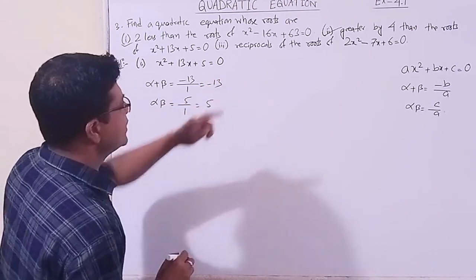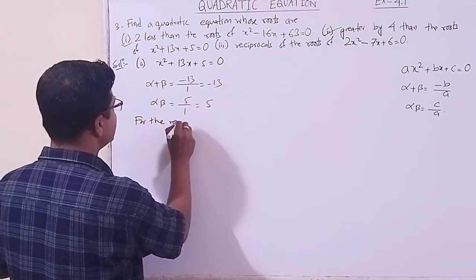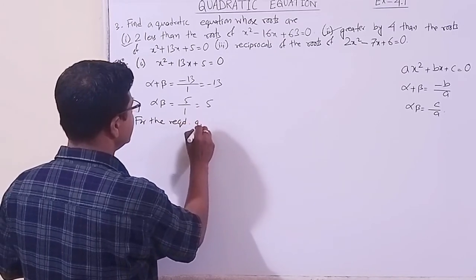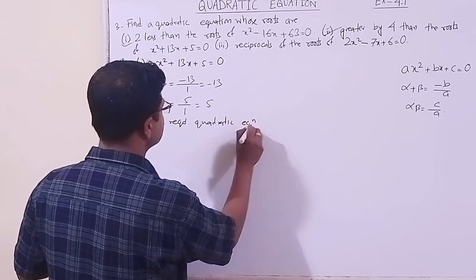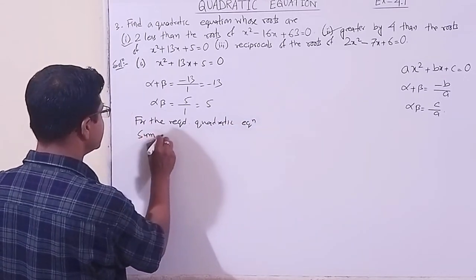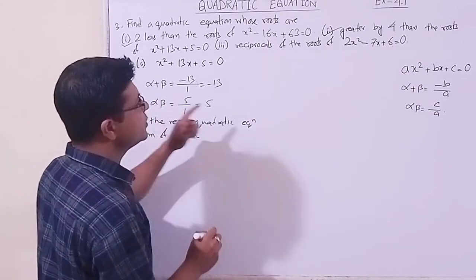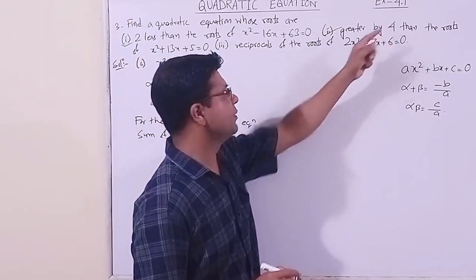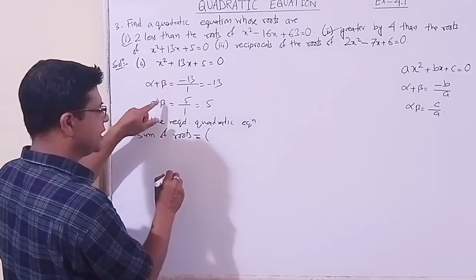Now for the required quadratic equation, sum of roots, each root is increased by 4, greater by 4. That means here one root was alpha and another root was beta.